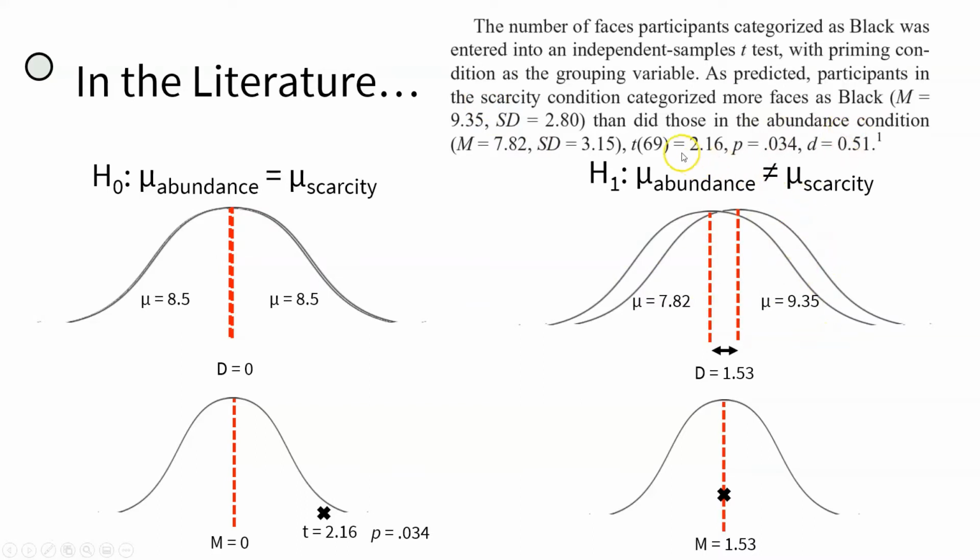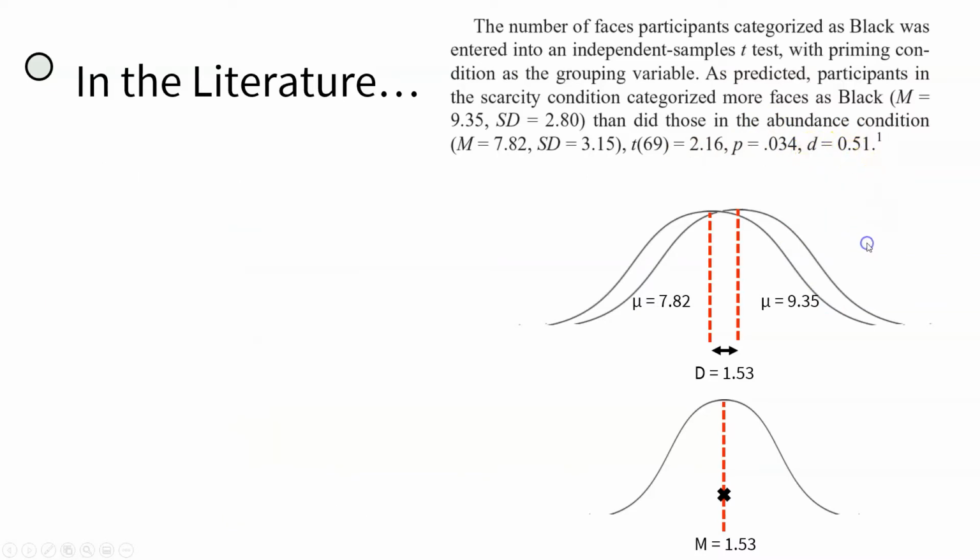Now, the last thing that we see reported here is what's called a Cohen's d, and that equals 0.51 in this condition. But what Cohen's d reflects is if you take that distance between your two sample means, but we're imagining that those reflect the two population means.